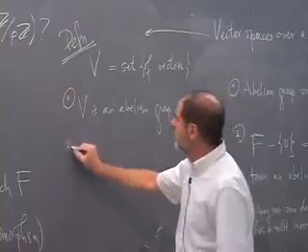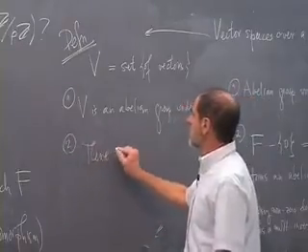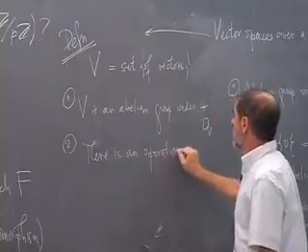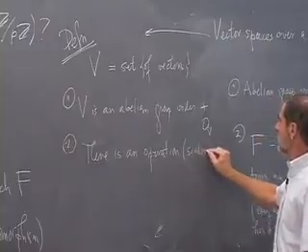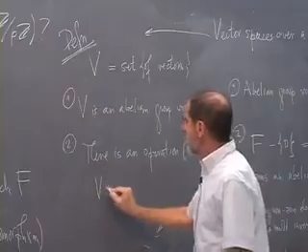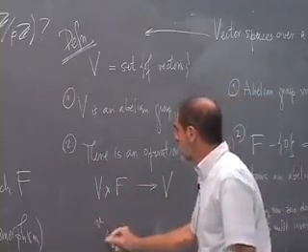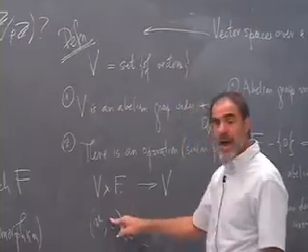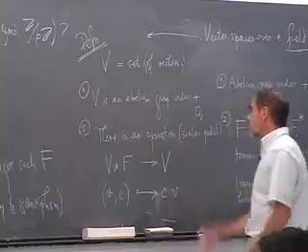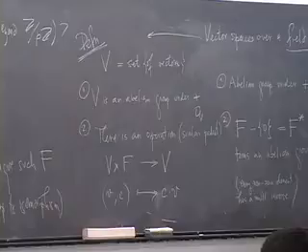And the second, and here's where the field comes in, there's an operation called the scalar product from V cross F into V that takes a vector and a scalar in the field F to the vector C times V. And it has to obey various rules with respect to the addition and the associative rule.